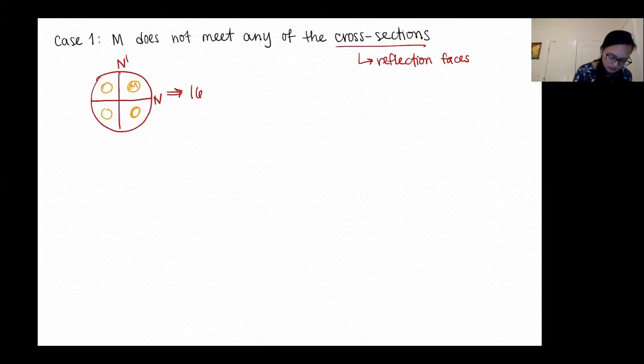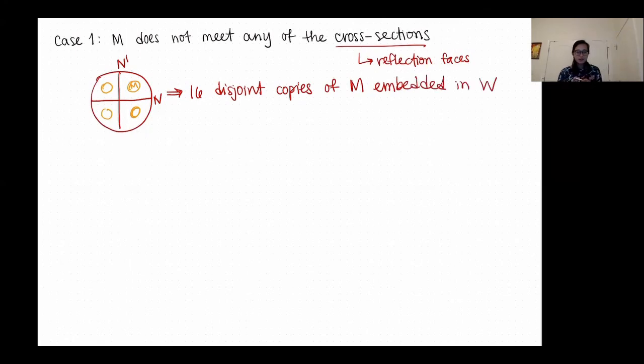this tells us that we get 16 disjoint copies of M embedded in our manifold W. And here we're going to use some volume bounds of Basmajian to say that this is not possible.